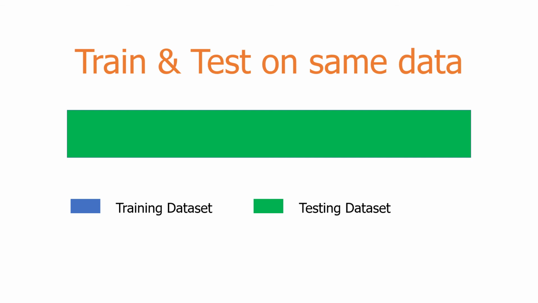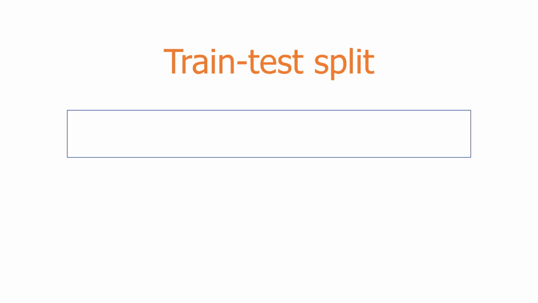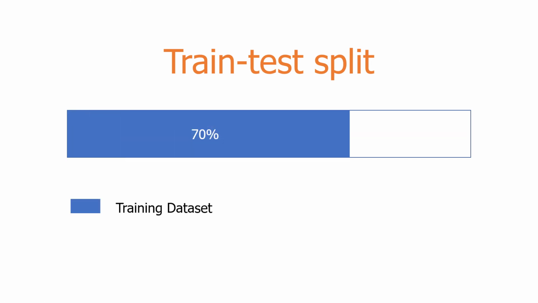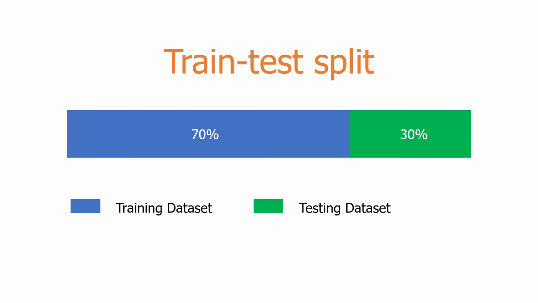So we will move on to the next evaluation procedure, which is the train test split. The train test split is an improvement upon the previous method, where you split the data into two pieces. The first one is the training set and the second one is the testing set. Here we train the model on the training set, test the model on the testing set, and evaluate how well we did.